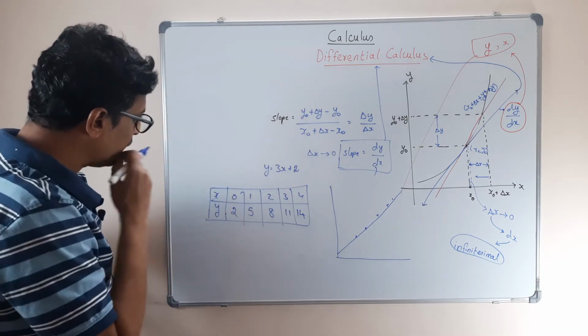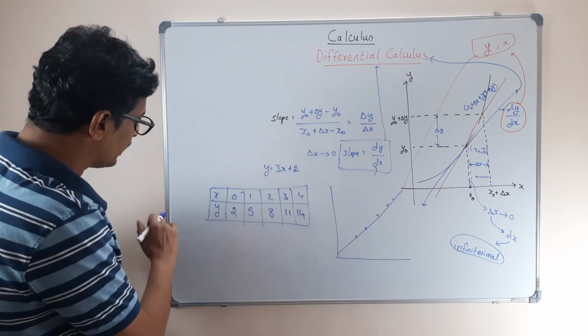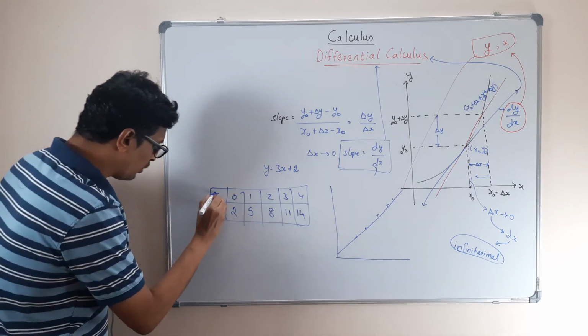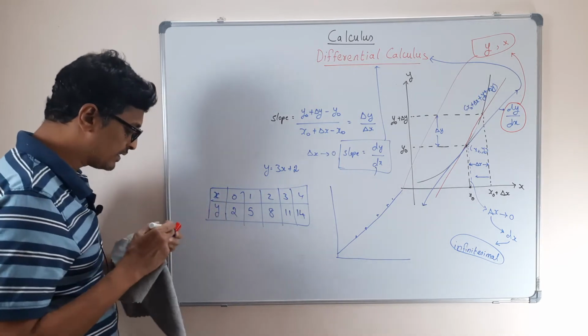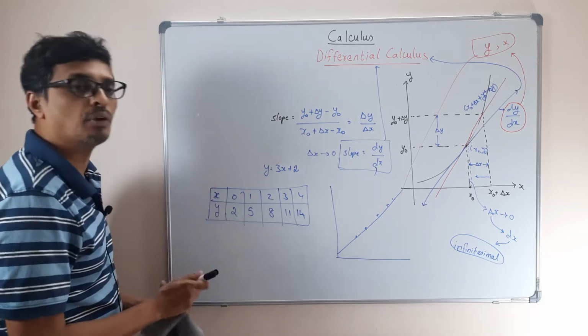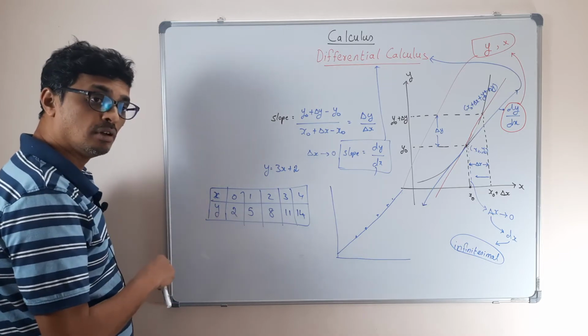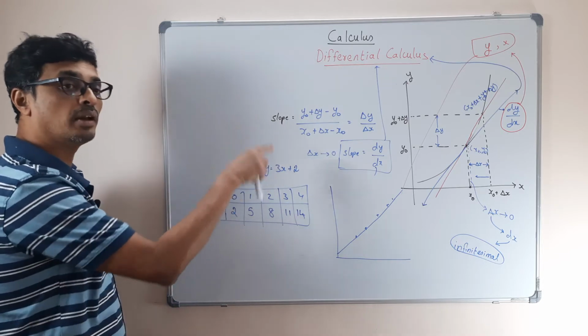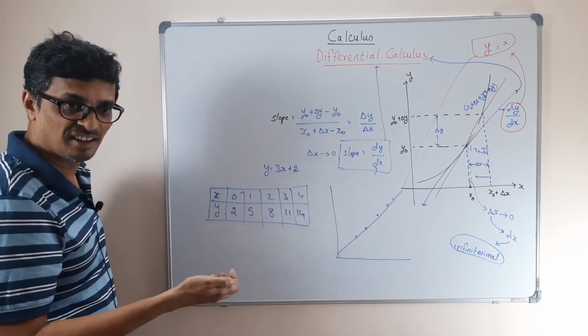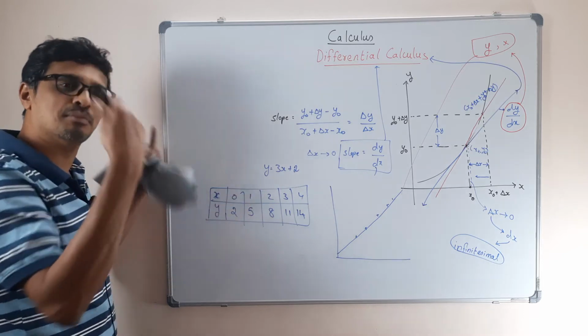If you see here, you are giving some value of x. Instead of 0, why are you starting with 0? Start with -2, -1, 0, 1. You can still do it. It is your choice, because for x you can choose any numbers.